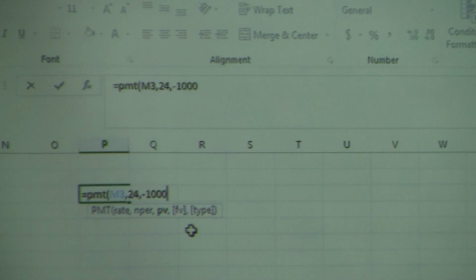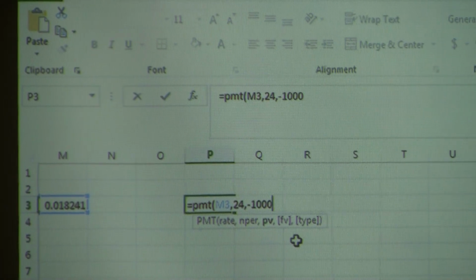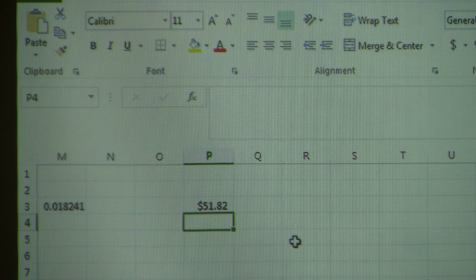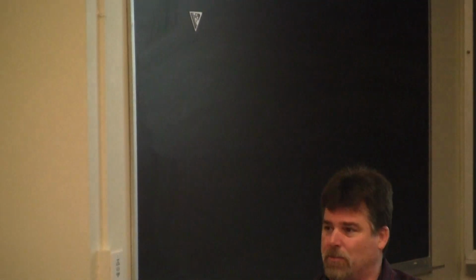Put it in as a negative. Remember, that's an outgoing expense. Then the future value. So, if we put it on a credit card and pay this thing off in 24 months, we'd have to give them $51.82 a month. Is that pretty clean?